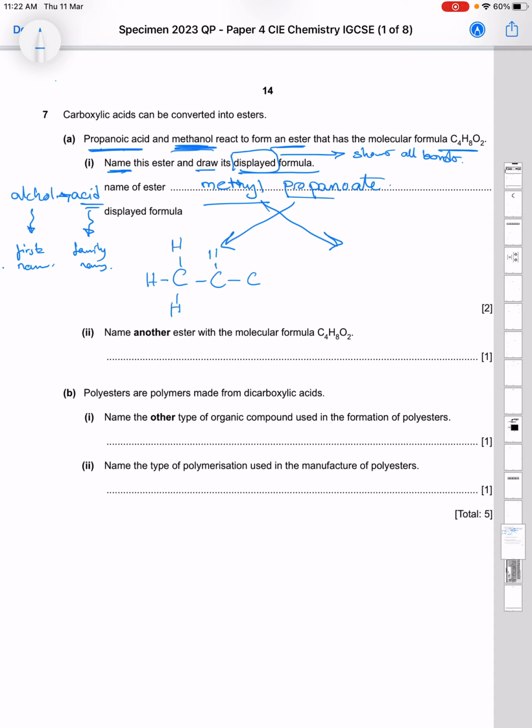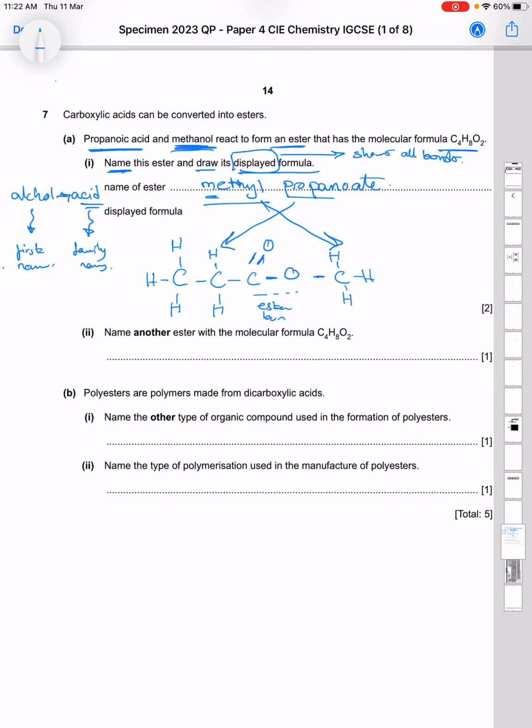Here I still have 2. Don't forget, because it's an acid, it has a C double bond O, correct? Because this is basically the ester bond. And then I'm going to attach the alcohol from the other side. The methyl alcohol has only one carbon atom. Meth means one. So I have hydrogen here, just to distribute the hydrogen, and this is the methyl propanoate.